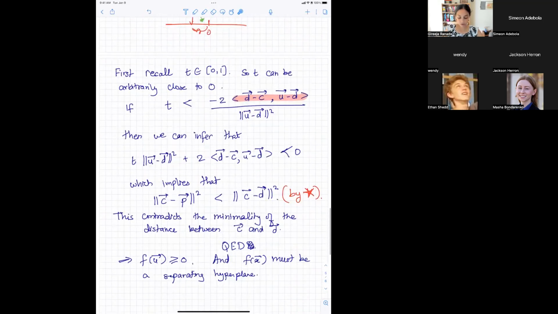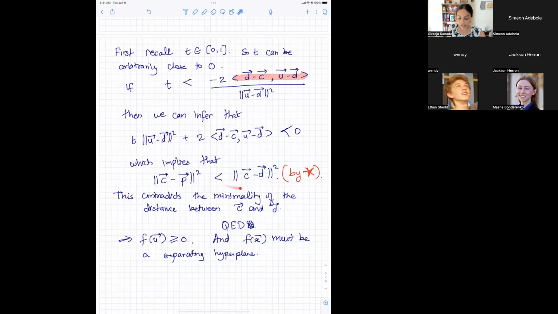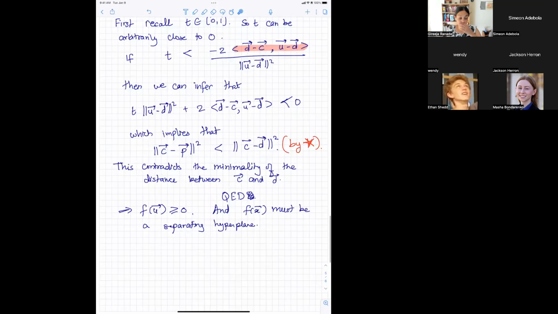But if that is the case, we're contradicting the minimality of the distance between C and D, and therefore this hyperplane that we considered must actually be a separating hyperplane. Okay, so hopefully that gives you a sense of the proof. I'm happy to answer more questions in office hours. This is a more involved proof than many things that you will see. But we will use some techniques along these lines again when we start getting to linear programs and LPs.